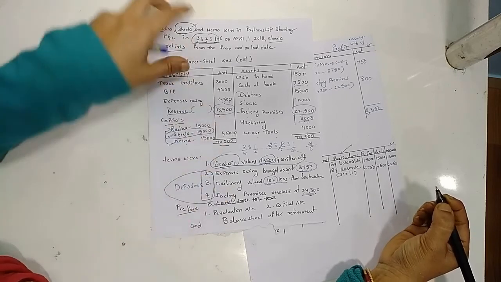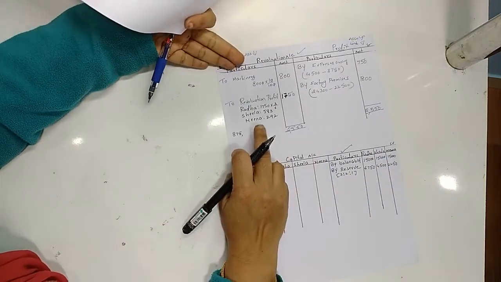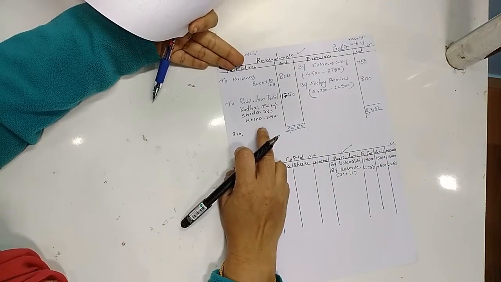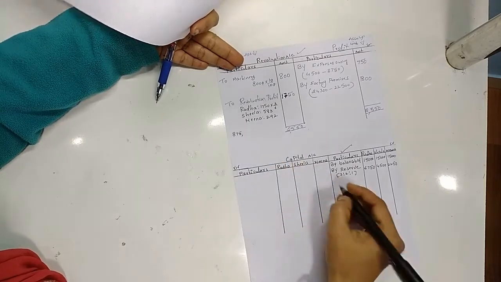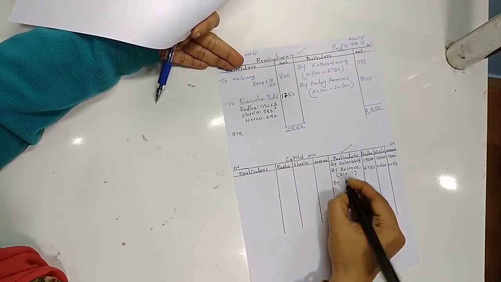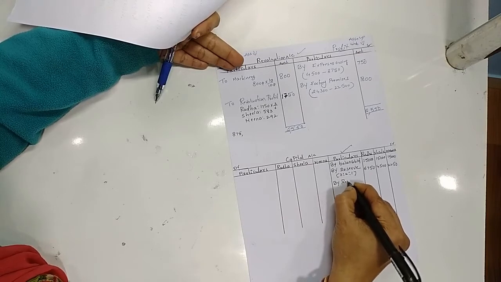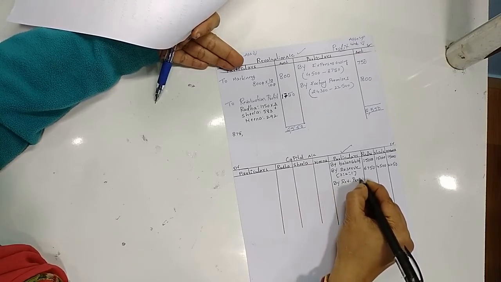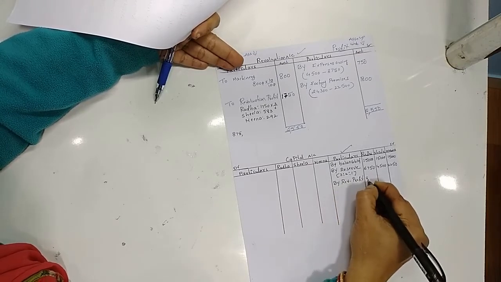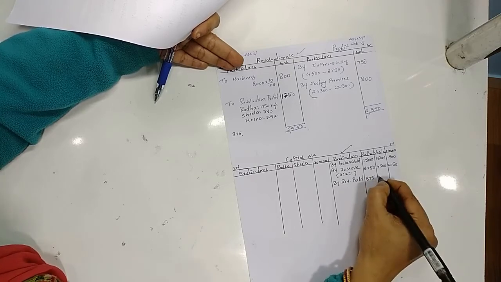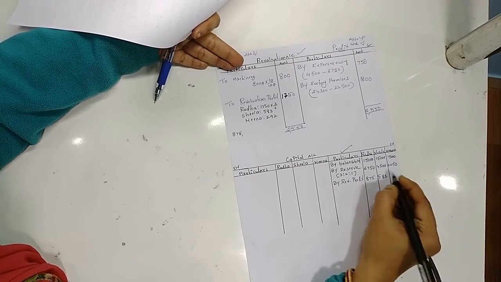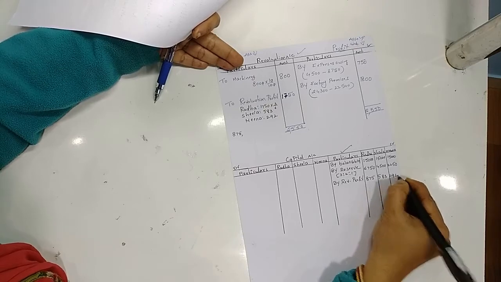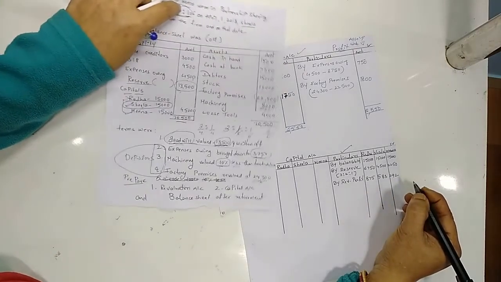And what else? We got revaluation profit by changing asset and liability values, so the profits are also added to their investment: 875 to Radha, 583 to Sheila, 292 to Meena.